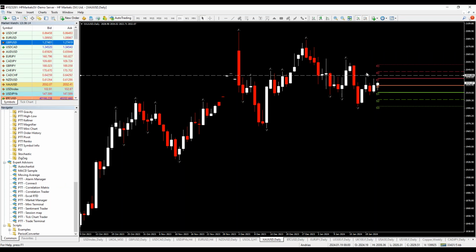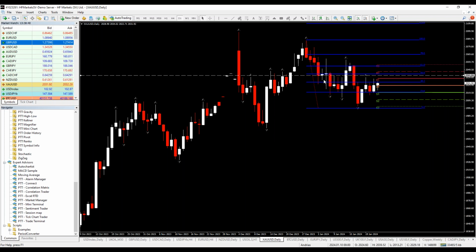last week as well. And yes indeed, 2041 is also the midline, the mid level of the decline that we have seen since the peak in December, the peak at 2090.